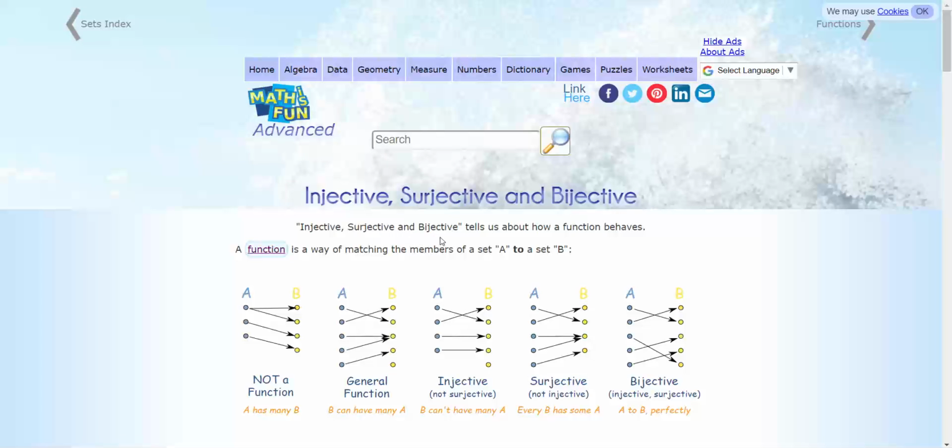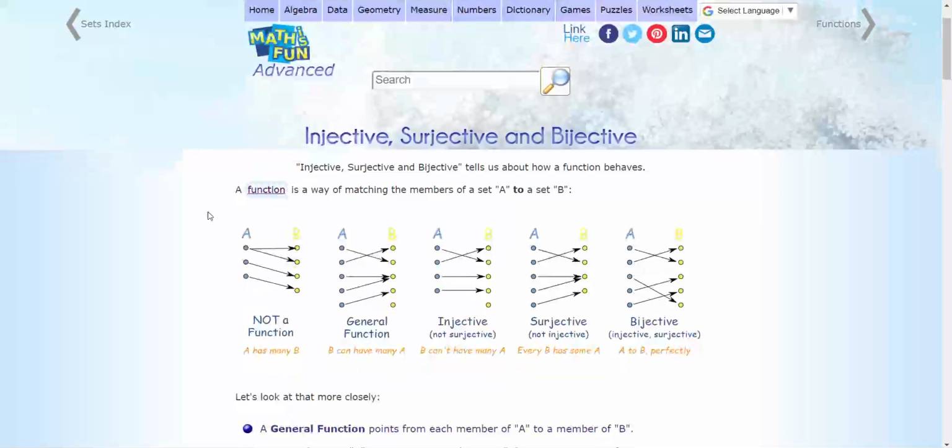Injective, surjective, bijective tells us about how a function behaves, matching the members of set A to set B. Okay. This is not a function because the single value of A points to multiple values in B. We know that. Now, this is a function. All elements map to a value.